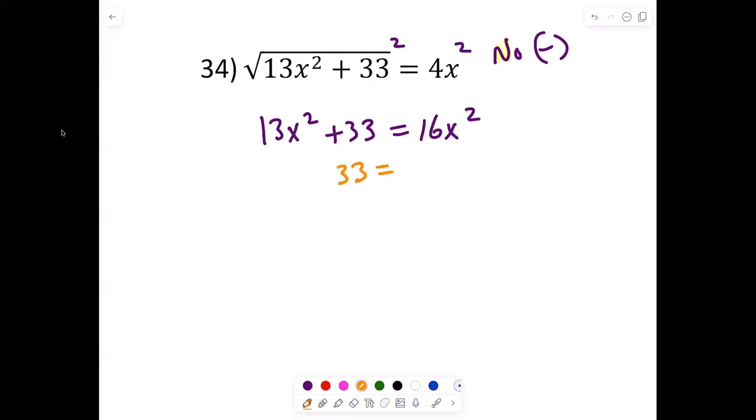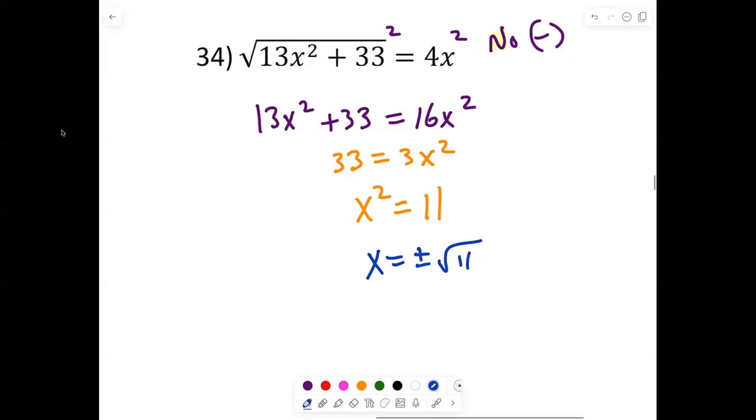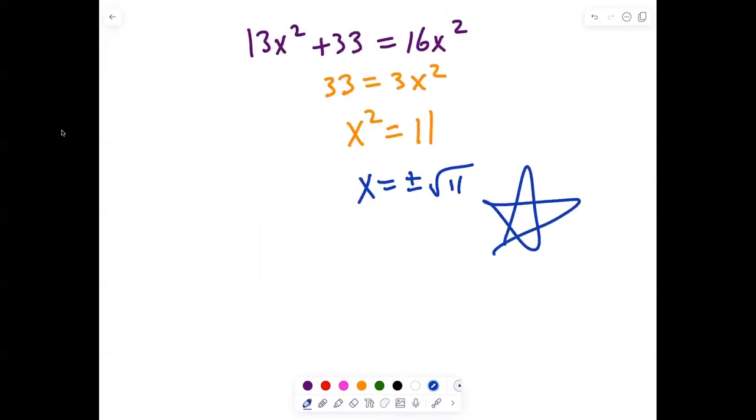So 33 is equal to how much? 3x squared. Thank you very much. Now what? Yeah, so we have x squared is equal to 11. So generally, you would put down x is equal to plus or minus the square root of 11. However, can x be negative?